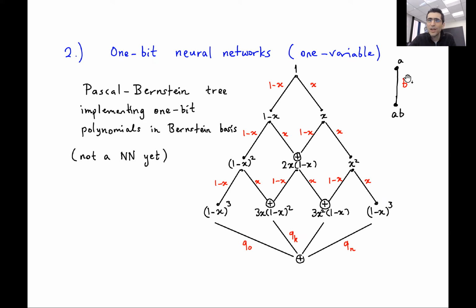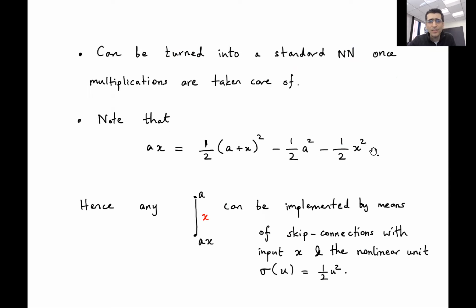So the question is, is there a way to convert all these multiplications by x and 1 minus x, and only use plus or minus 1 as coefficients and only take advantage of the nonlinearity that you have? Well, it turns out that if you choose your nonlinearity carefully, you can do this.